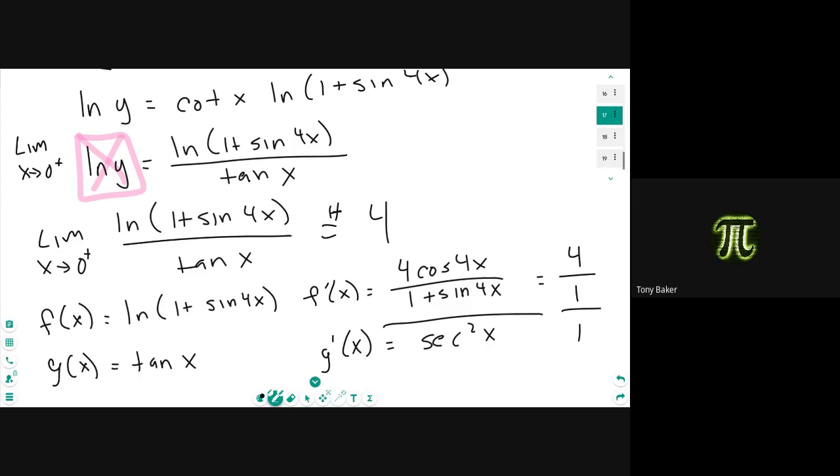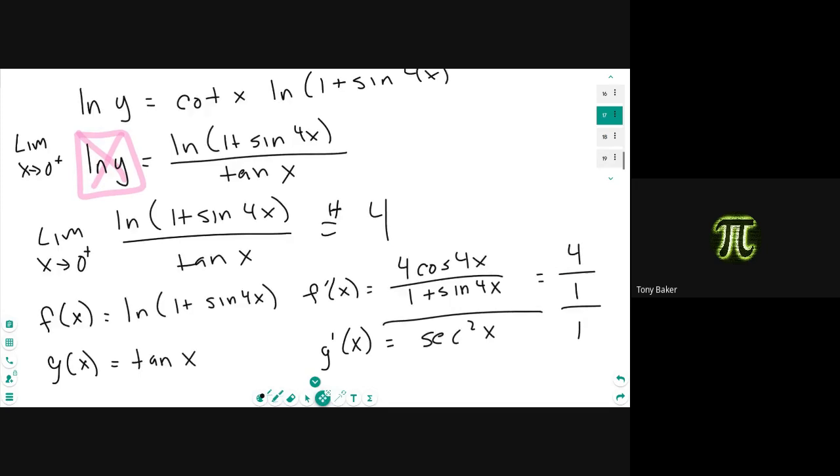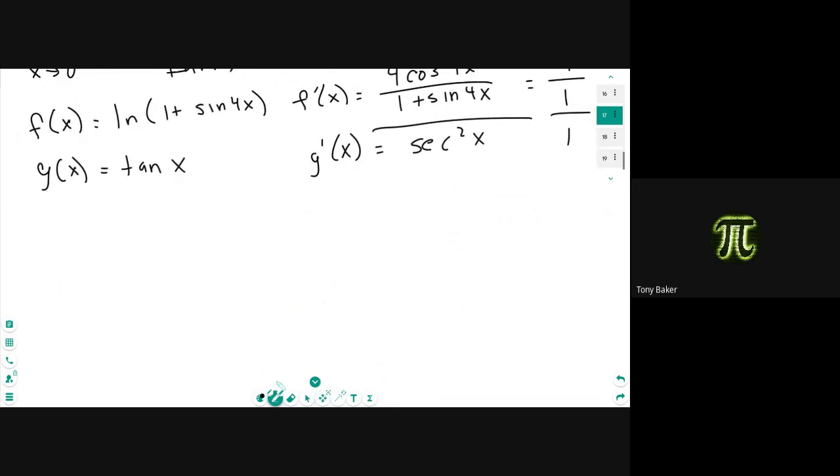All right, but I didn't find the limit of the original y. I found the limit of ln of y. So what we found was the limit as x goes to 0 of ln of y is 4. So how can I rewrite ln of y to get y?